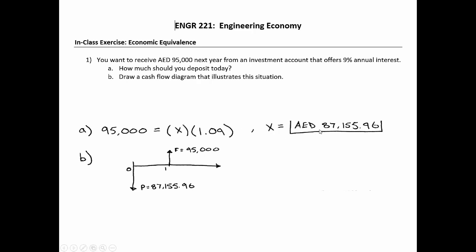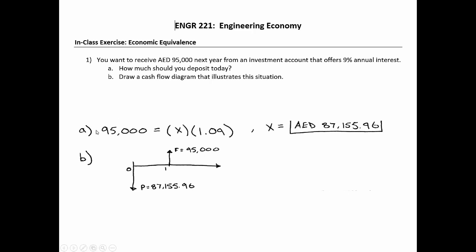So you'll see that the initial deposit should be 87,155.96. And if you want to double check that, then of course all you have to do is multiply this value by 0.09, and that will give you the interest that would be earned during the 1 year, and then add the interest to the principal, which is this amount, and then hopefully what you'll find is that the finishing value is 95,000.